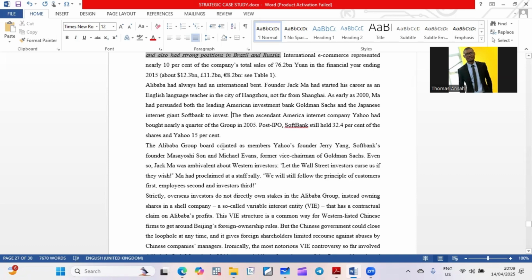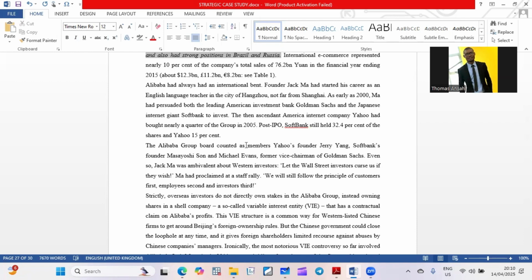Alibaba's group board counted as members Yahoo's founder, Jerry Yang, SoftBank founder Masayoshi Son, and Michael Evans, the former vice chairman of Goldman Sachs.